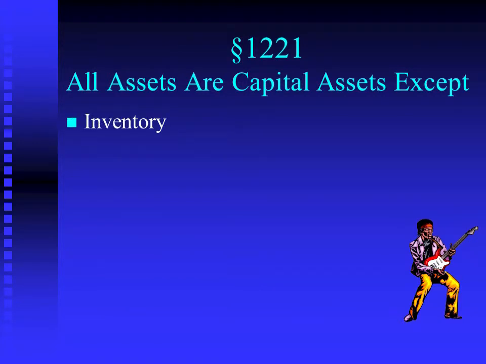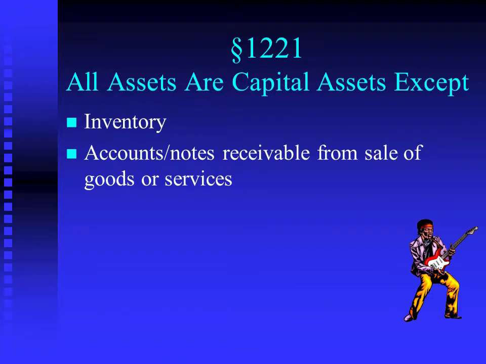So inventory, those things that you hold out for sale to your customers, will never generate a capital gain or loss. It is always ordinary income generating ordinary gains or losses. And then note the second bullet simply relates to factoring your accounts receivable.